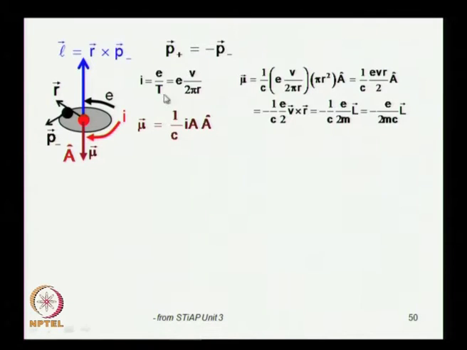So, v cross r is the same as p cross r by m, and you get the angular momentum divided by m coming out of it. So, you find that there is a magnetic moment associated with an orbital angular momentum, but the sign is negative over here, because the angular momentum and mu have opposite signs. You have already seen that the angular momentum has this sign and the magnetic moment has the opposite sign, so there is a minus sign over here.